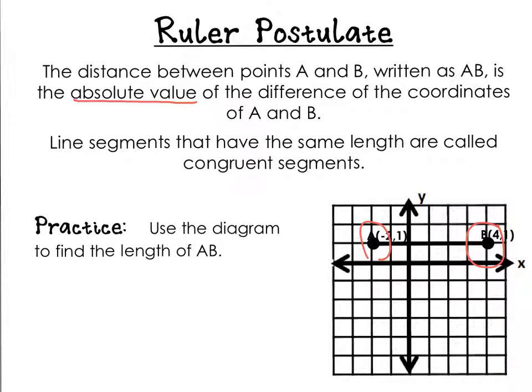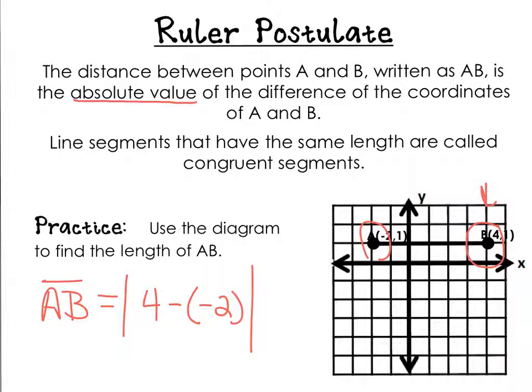So we're going to say that the measure of line segment AB is the absolute value of the x value at B, which is 4, minus the x value of A. When we do that, we end up with the absolute value of 6.